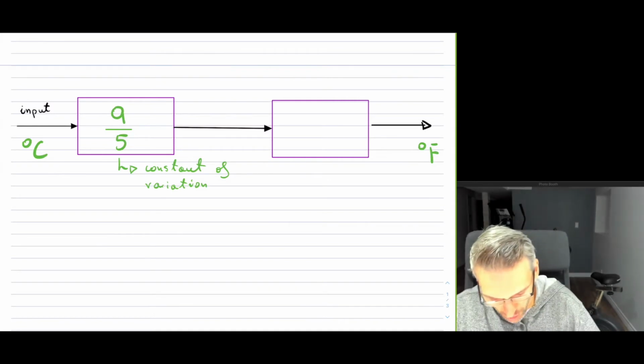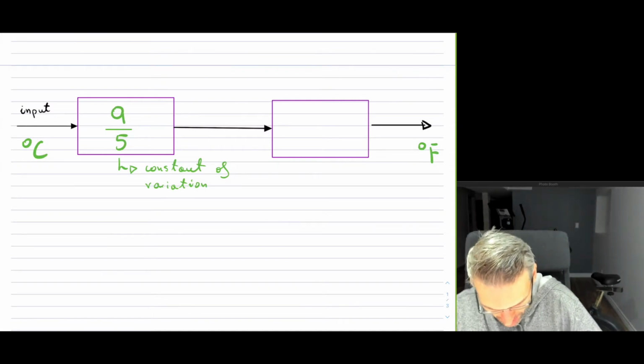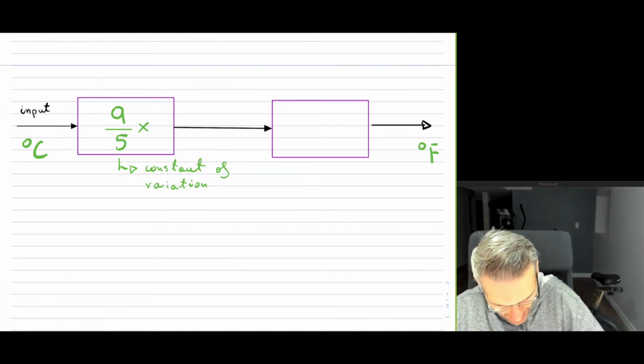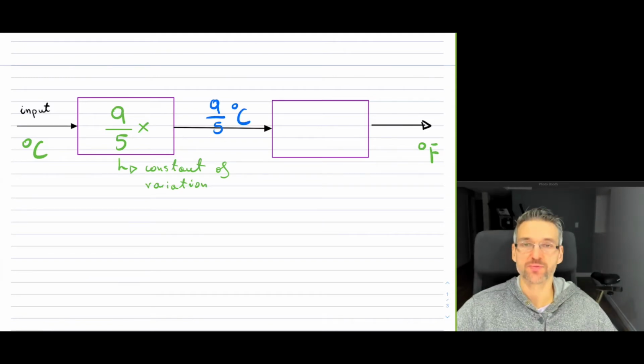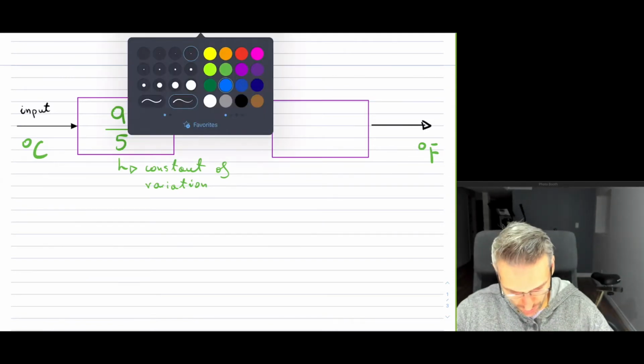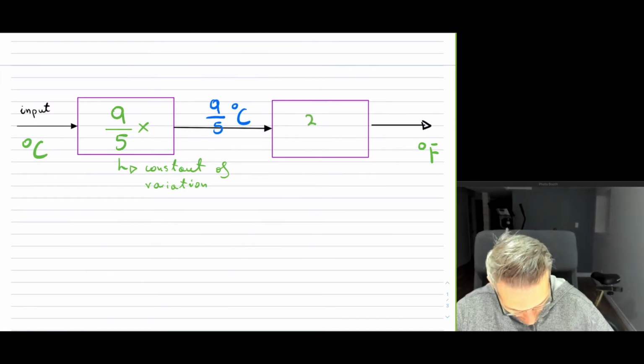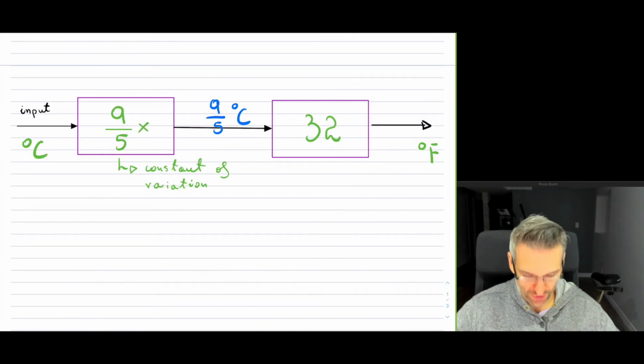So we're going to be multiplying our degrees Celsius, and we have our first output. This is going to be 9 over 5 multiplied by degrees Celsius. And then we're going to be shifting it, and it turns out that our shifting factor is 32.